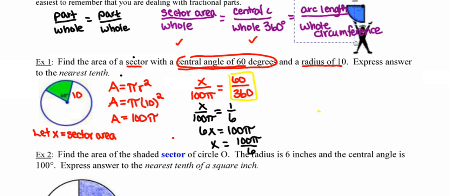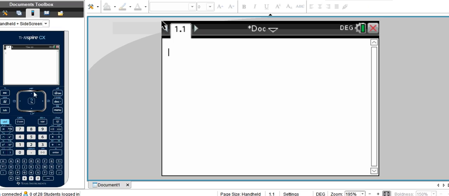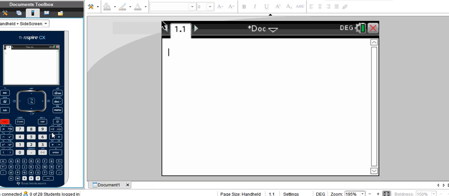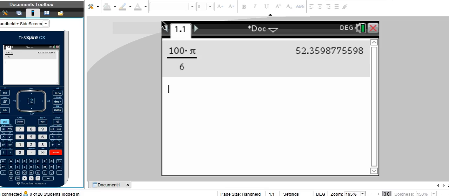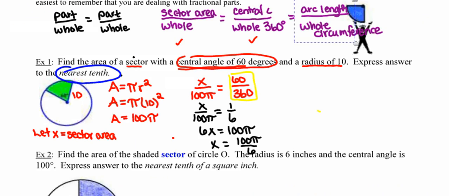They're asking me in this problem to solve that to the nearest tenth. So I'm going to go ahead and dig out my calculator. You're going to go ahead and dig out your calculator too and punch these numbers in as I go along. So I've got a fraction where the numerator is 100 pi and the denominator is 6. And rounded to the nearest tenth, 52.4. So x, my sector area, is about 52.4 square units.